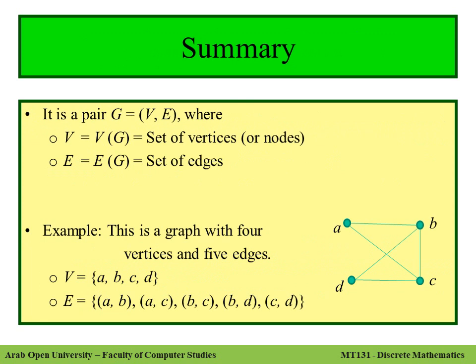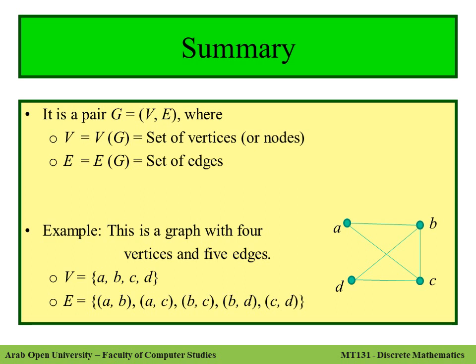Here is an example of a graph. In this graph, the set of vertices has four vertices labeled A, B, C, D. Each edge is defined by the two vertices it connects. For example, we will have AB, AC, BC, BD, and CD.